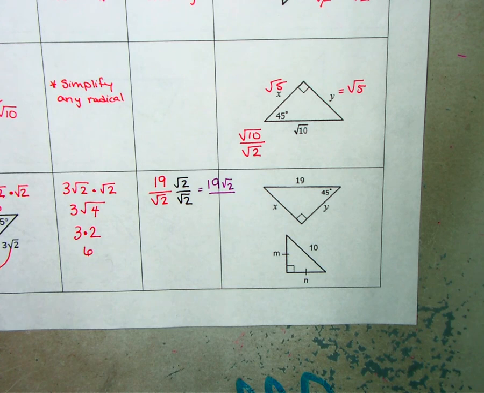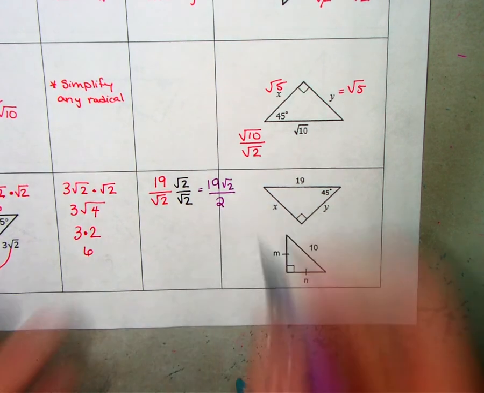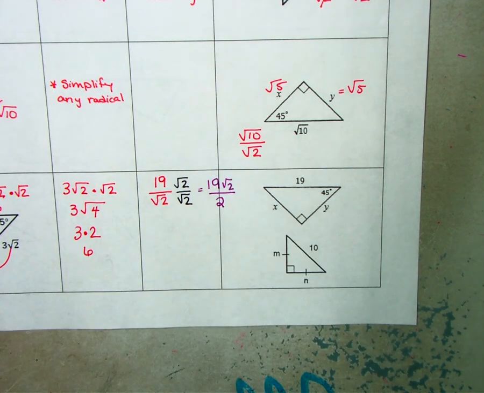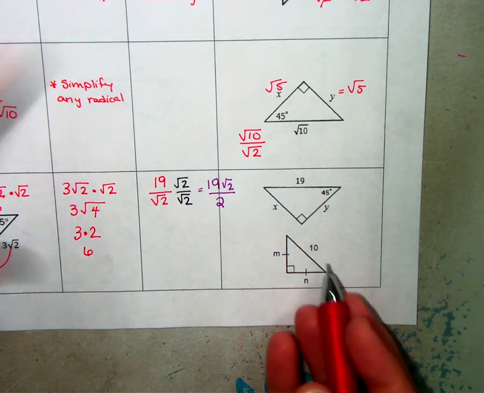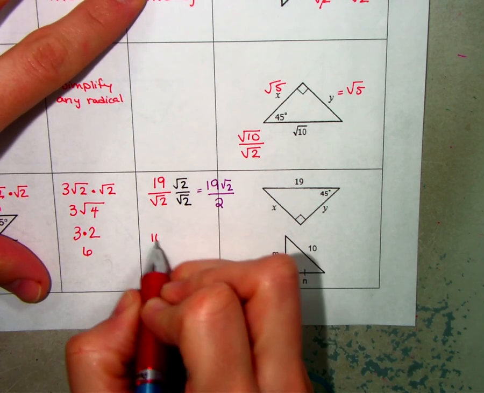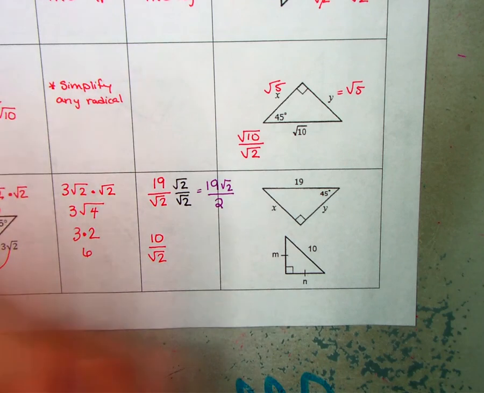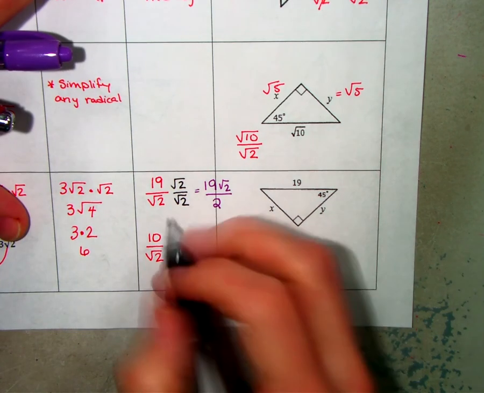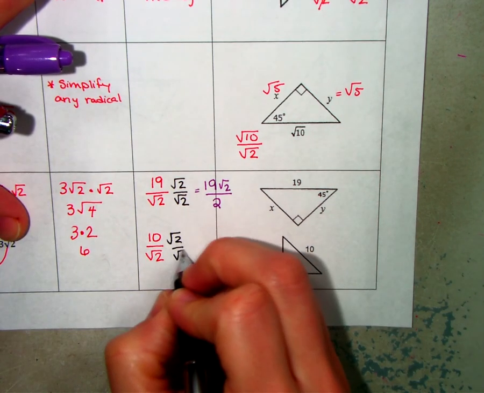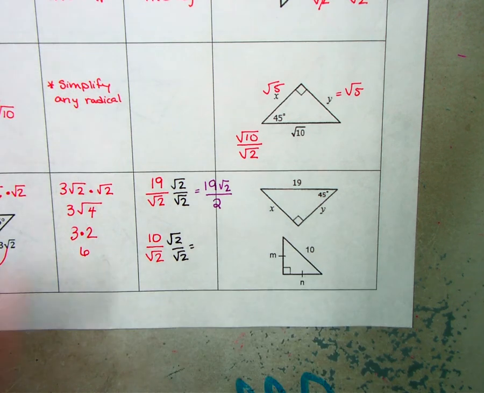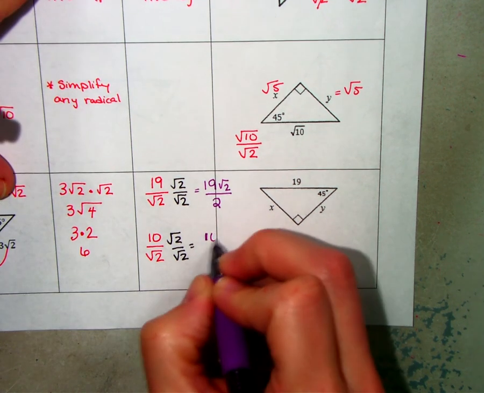Okay, so I have that one right there at the top, and I threw another triangle in there just to reiterate the fact that if you can simplify, you should simplify. So on this bottom one right here, I changed the 19 to a 10. So my hypotenuse is 10, and so to get the leg, I'm going to divide by radical 2. So you would still multiply by radical 2 over radical 2, and your final answer would end up with an even number on the top this time.